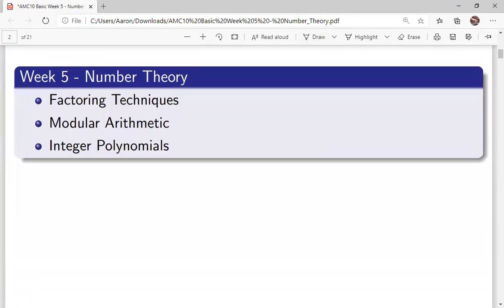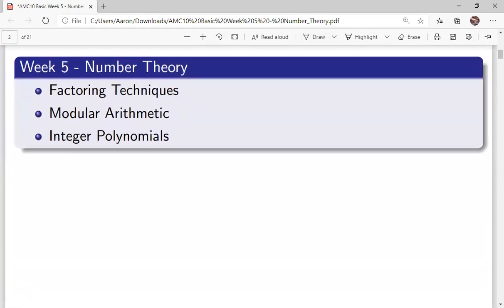All right. So now I'll be moving on to this week's topic, which is number theory. And so we're going to cover factoring techniques, modular arithmetic, and integer polynomials.